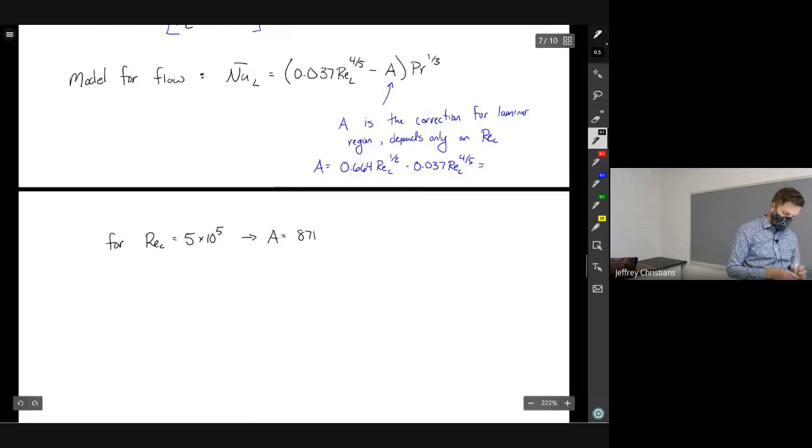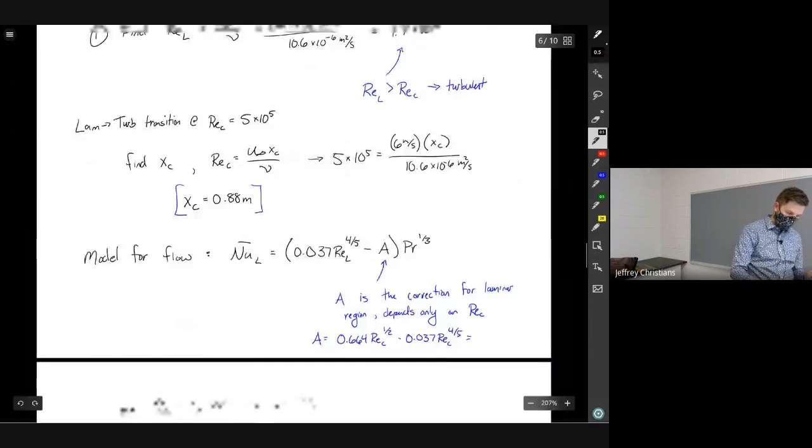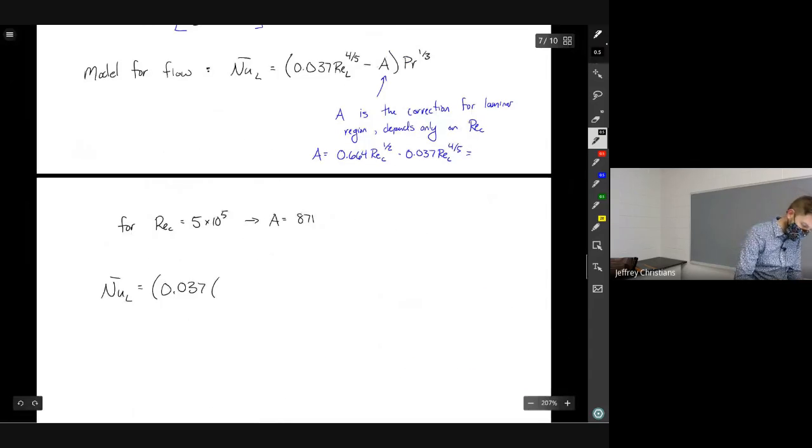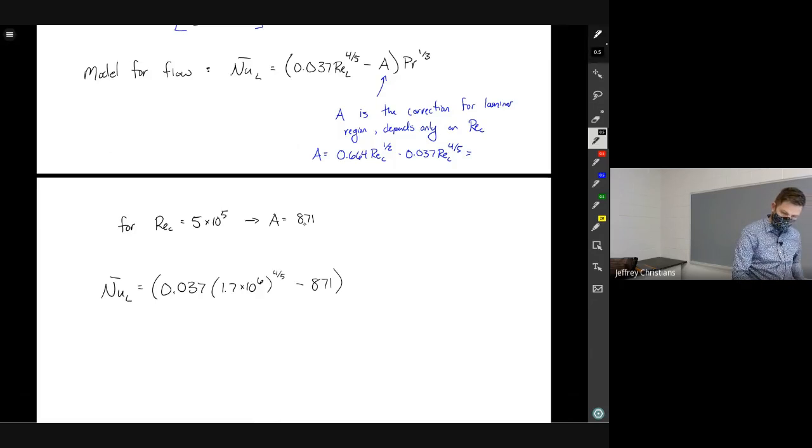So the new Nusselt number is equal to 0.037 times our Reynolds number, which is 1.7 times 10 to the 6, to the 4/5 power, minus 871, which is this correction factor, times the Prandtl number to the 1/3 power.